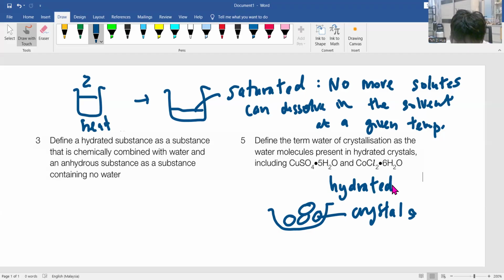Okay. So the examples of the two hydrated salts are hydrated copper 2 sulfate and hydrated cobalt 2 chloride. Okay. The number of the water molecules cannot change.